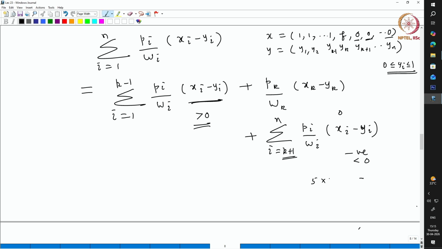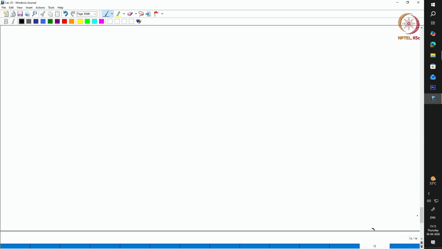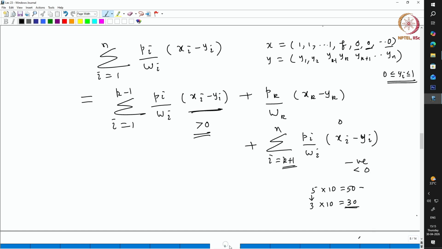You reduce 5 to 3, 3 times 10 will be 30, so the value is reduced. So here I can reduce this to Pk by Wk.